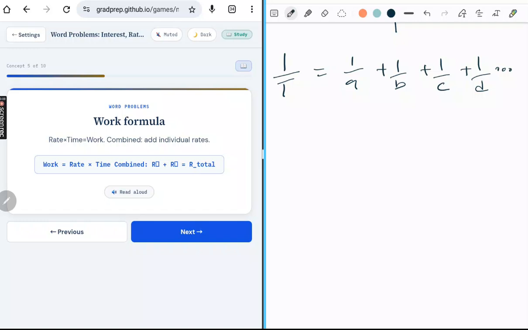But there is a time when we have only two connected, two people. Like 1 over A plus 1 over B. There is also something not stated here. It's also possible that two machines, or 3 machines or 5 machines, some of them can also work against each other.